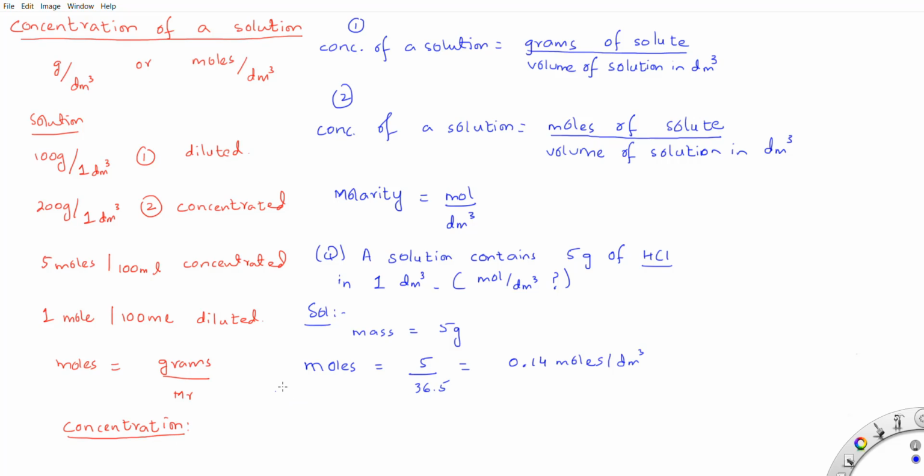Take for instance this example. The question might ask us: calculate the number of moles of ferrous sulfate, FeSO4, in 100 cubic centimeters of 0.1 mole per liter solution.